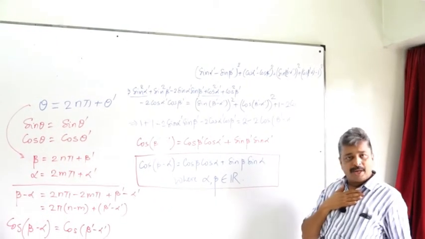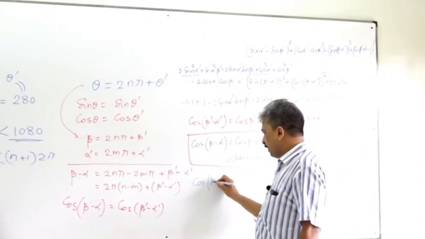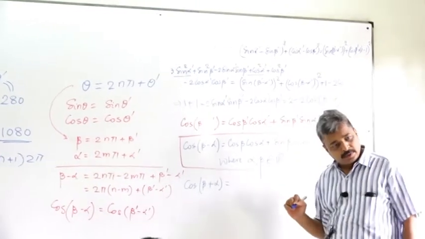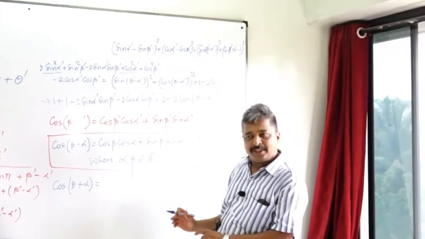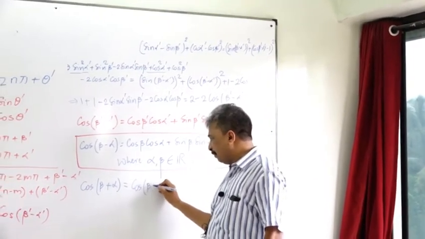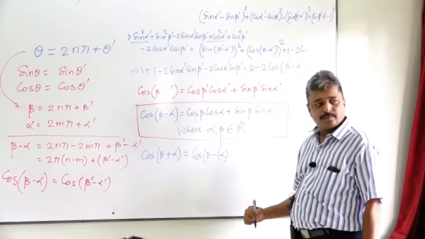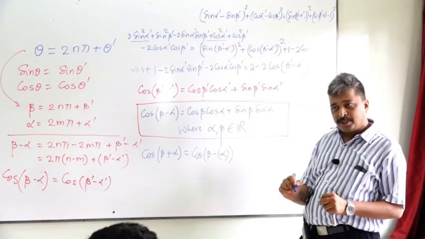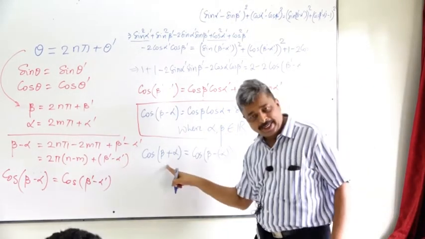And therefore now if I want to find out cos of beta plus alpha, then is it okay, or shall I do the entire work again, or can I modify here itself and do it? I can always modify here itself. This is cos of beta minus alpha. So putting alpha equal to opposite of alpha in the original formula, I will generate beta plus alpha.